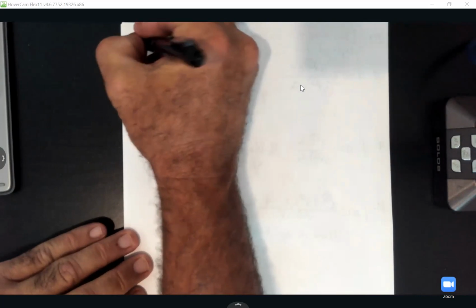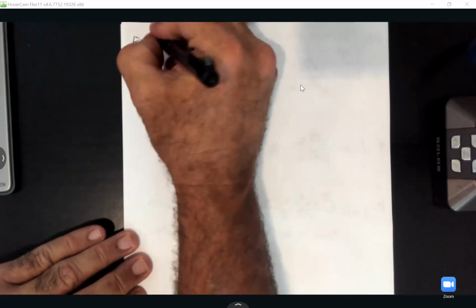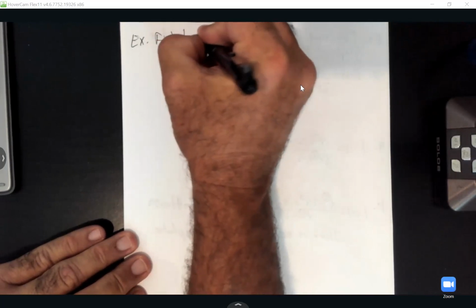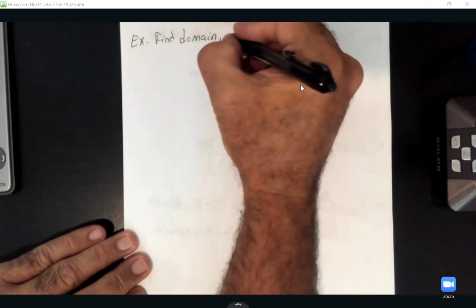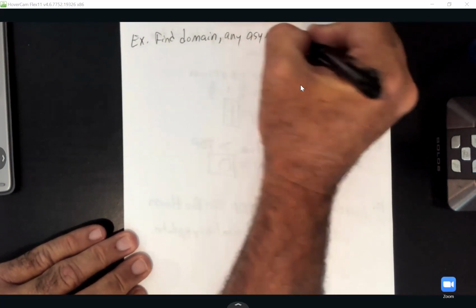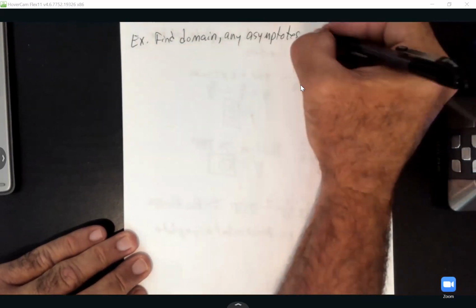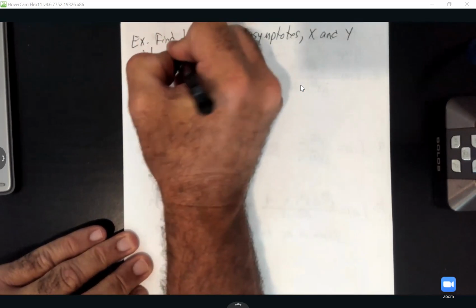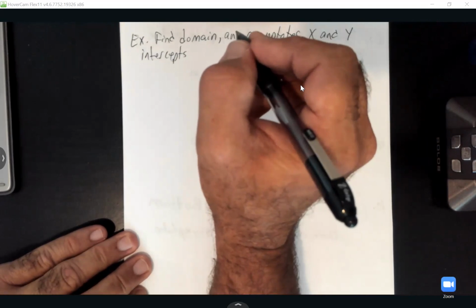So let's see. This example wants me to find the domain, any asymptotes, x and y intercepts, and then they say choose the graph.